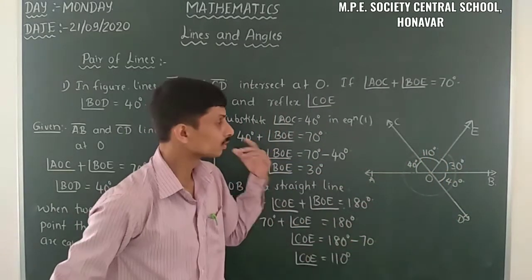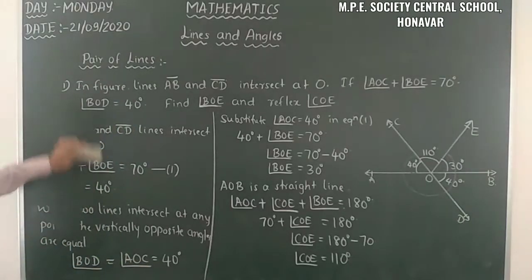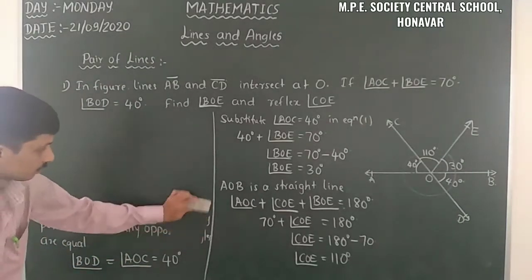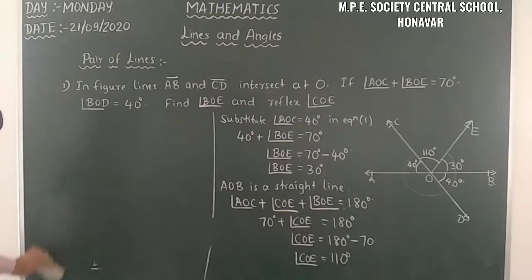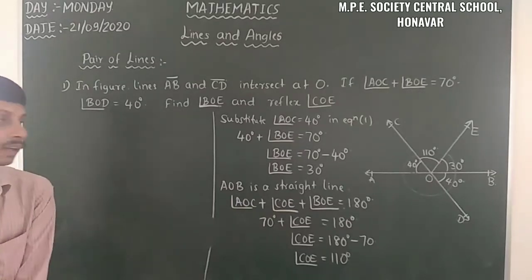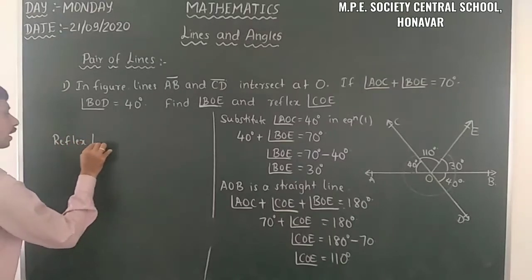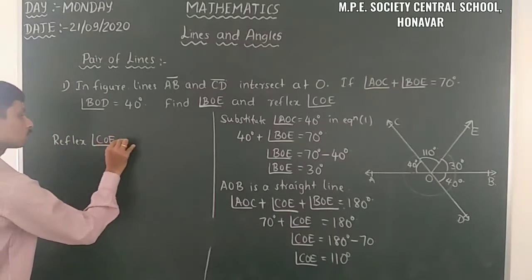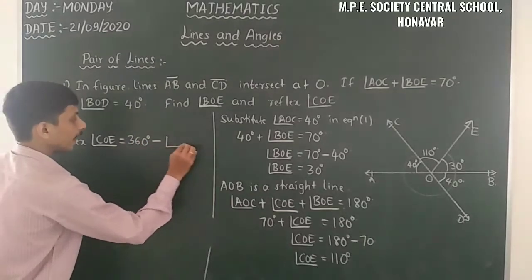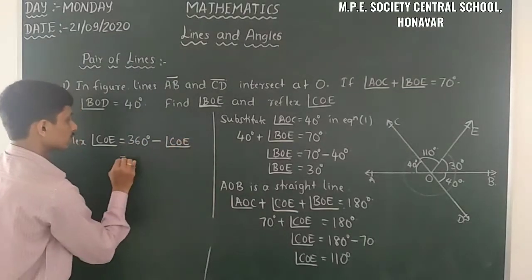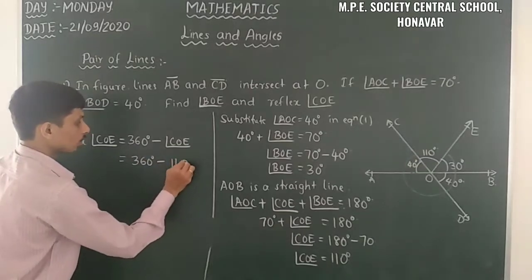Then we have the reflex angle. So reflex angle COE is equal to 360 degrees minus angle COE, which is 360 degrees minus 110 degrees.